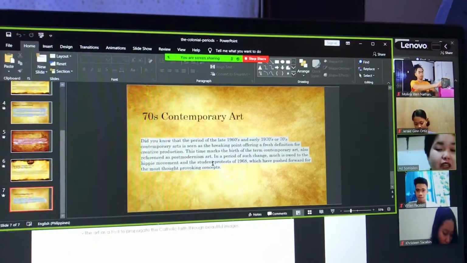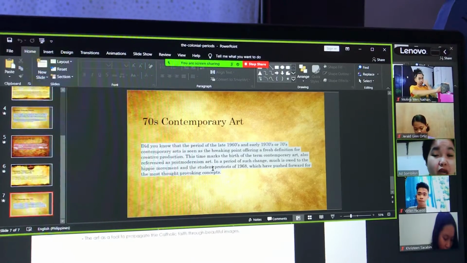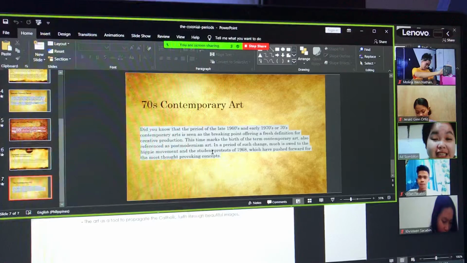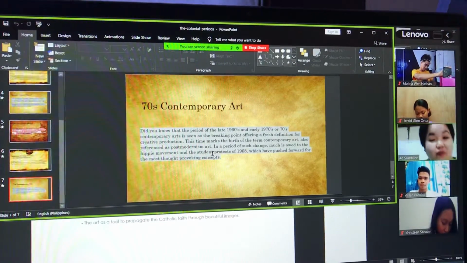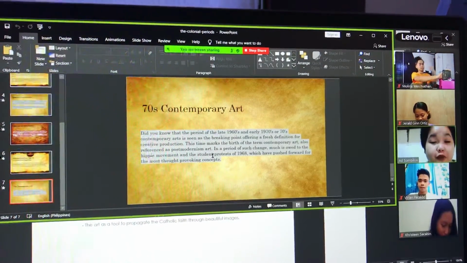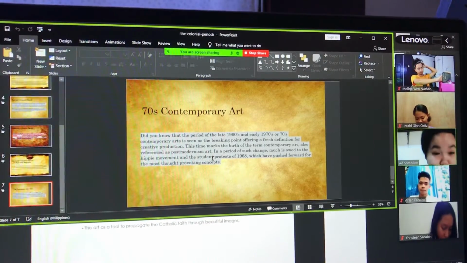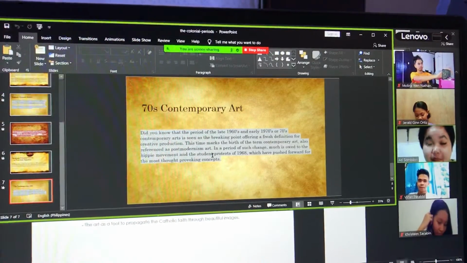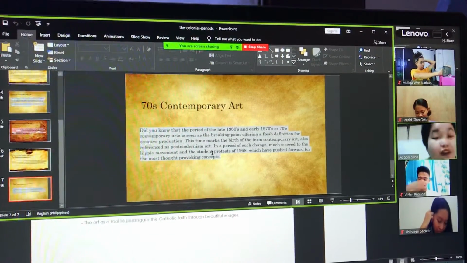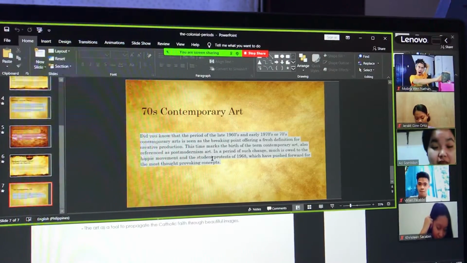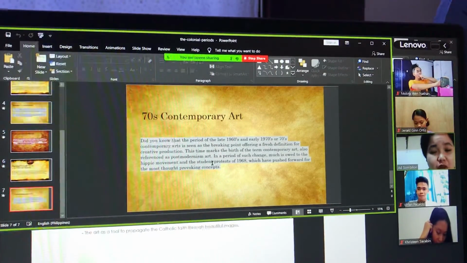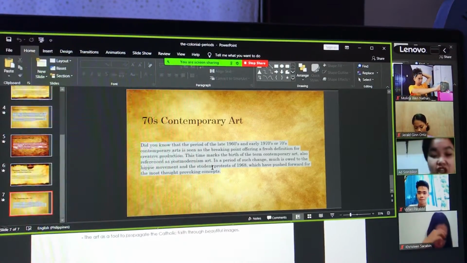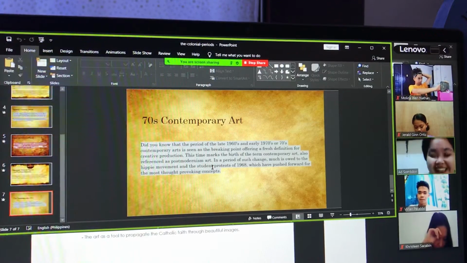This period of change is owed to the hippie movement and the student protest of 1968, which pushed forward the most thought-provoking concepts. The 1970s are famous for bell bottoms and the rise of discos, but it was also an era of economic struggle, cultural change, and technological innovation.